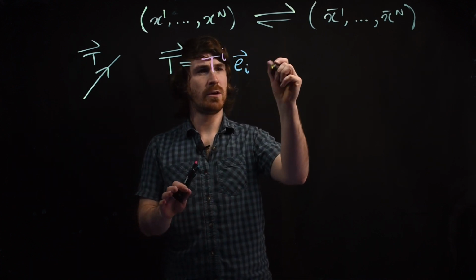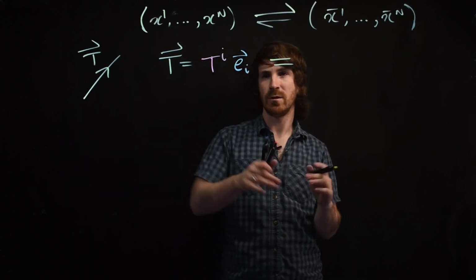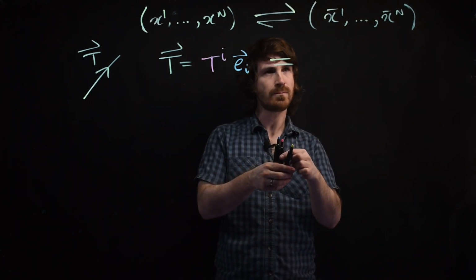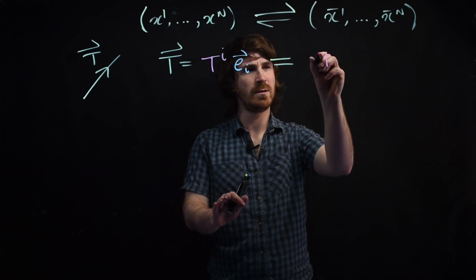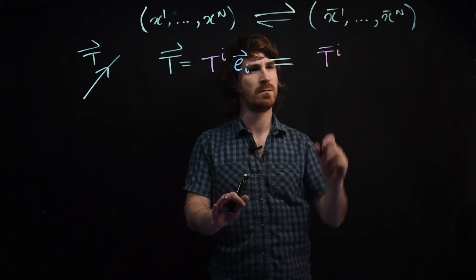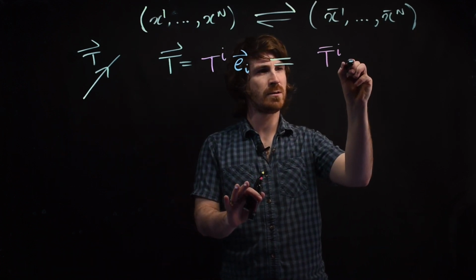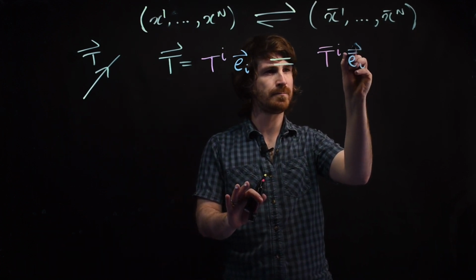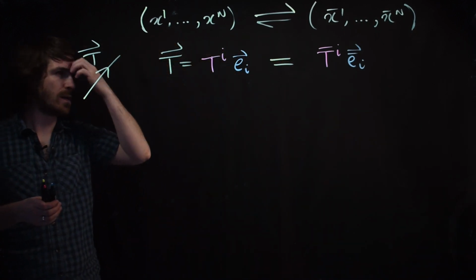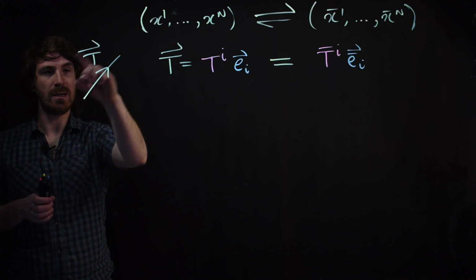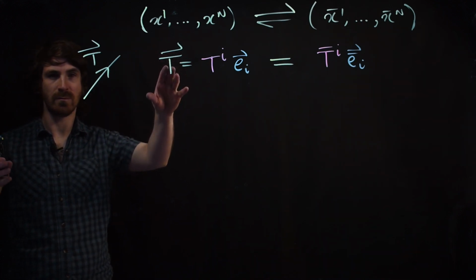Now we could choose an alternative coordinate system, x bar, and in that system we have a different set of components called t i bar and a different set of basis vectors called e i bar. The important point is that our vector T exists independently of any coordinate system.